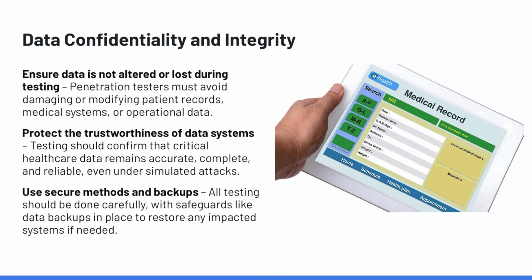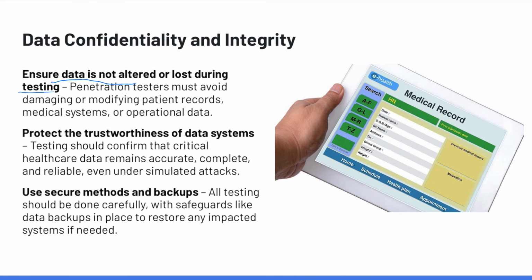Now, data is obviously a huge target of any cyber attack, and keeping this data confidential and ensuring its integrity, meaning that it's still readily accessible and is not corrupted in any way, meaning that data isn't lost or turned into a format that's not accessible, is going to be super important. So this means that during penetration testing, steps need to be taken to make sure data isn't altered or lost during testing.